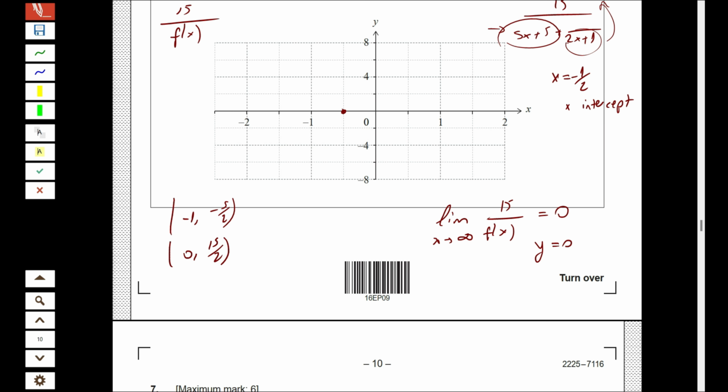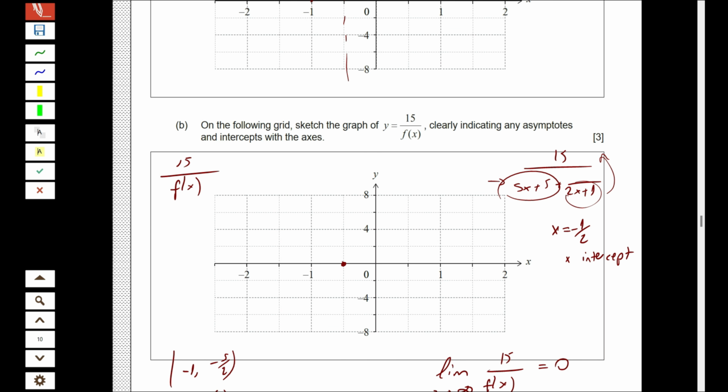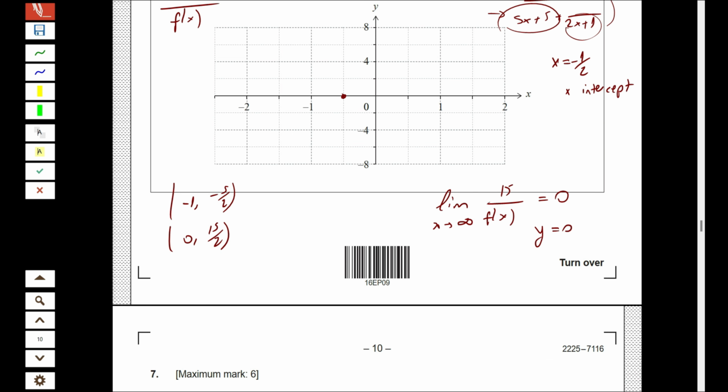These are the points. But when you write the reciprocal of f of x, it will be the opposite. The maximum will be replaced by a minimum, and the minimum point will be replaced by a maximum point, because we are looking for the reciprocal, right?